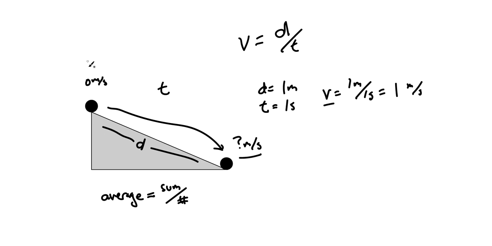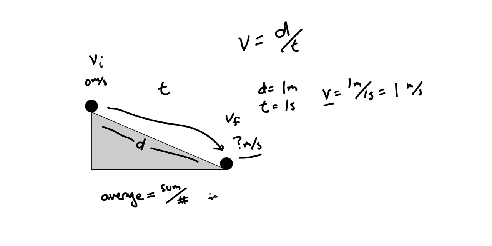Beginning velocity is often labeled V0, but let's label that V initial. V initial is the initial velocity. At the end, where we finish reading, it's V F for V final.